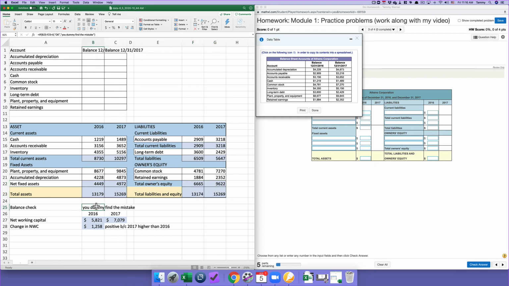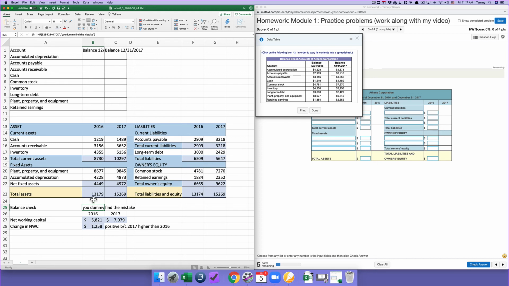Okay, so now we did all that data entry. Now there is a problem. This is telling me that I did something wrong. So let's figure out what the problem is. What we want to do first of all is calculate. This formula says if B23 minus F23 is 0, but we know that it's not.